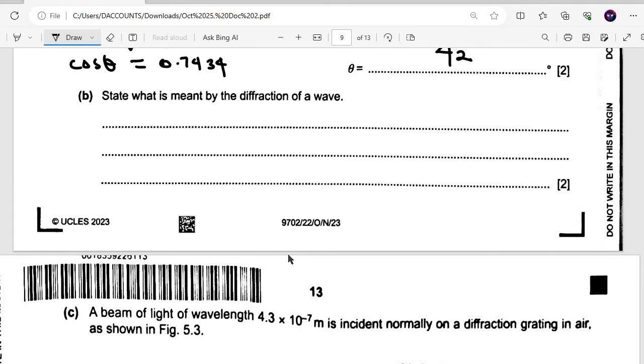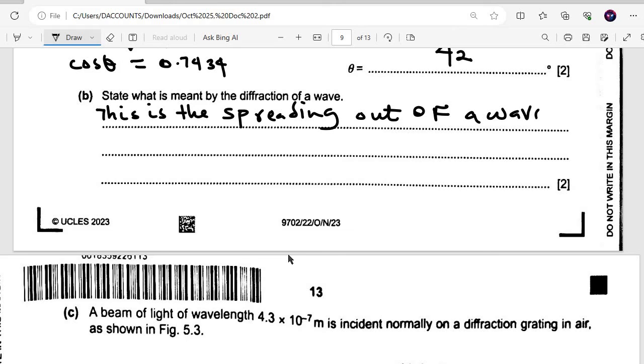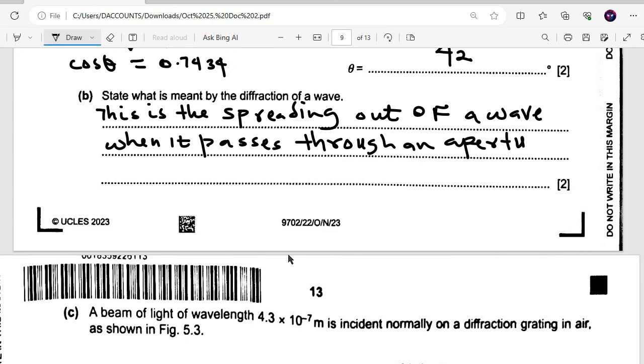Diffraction of a wave can be defined as the spreading out of a wave when it passes through an aperture. An aperture is a gap. That's it.